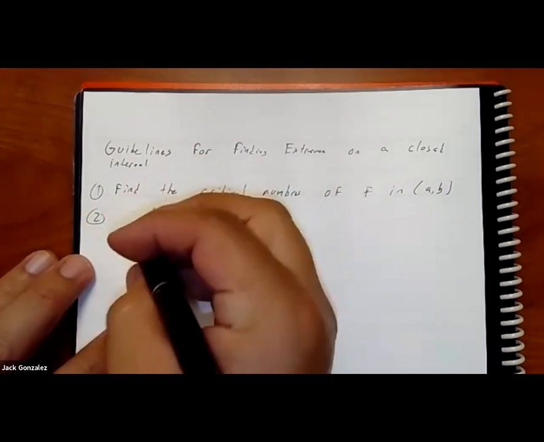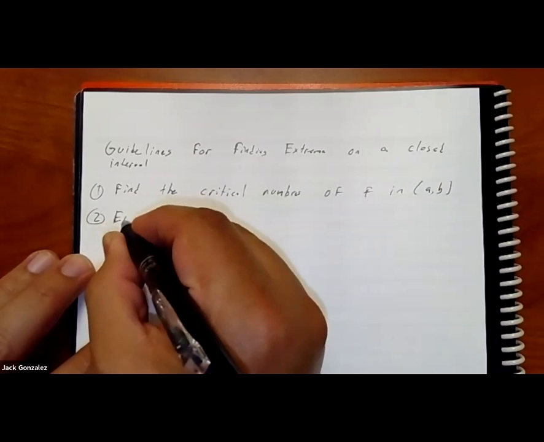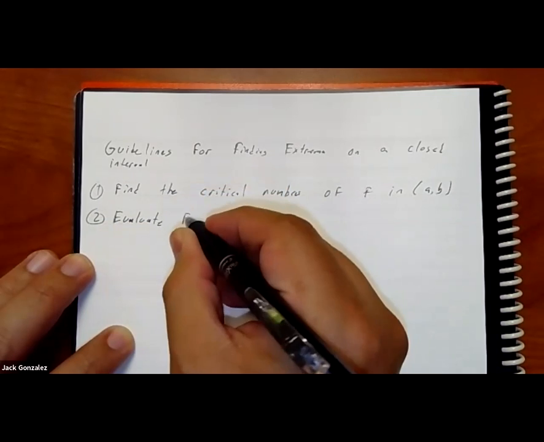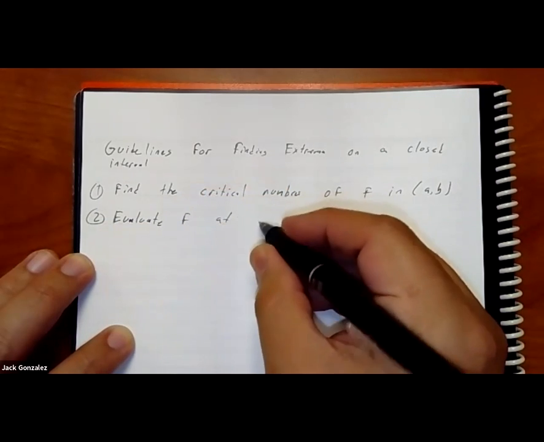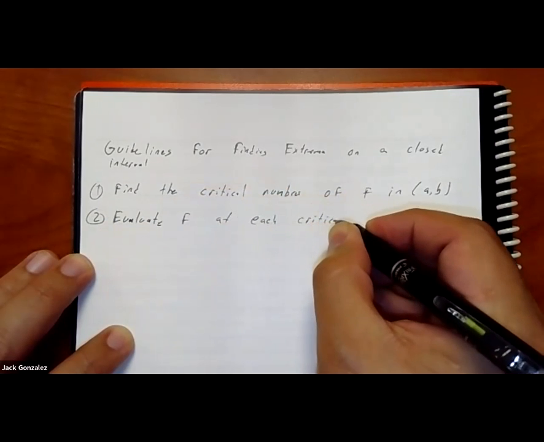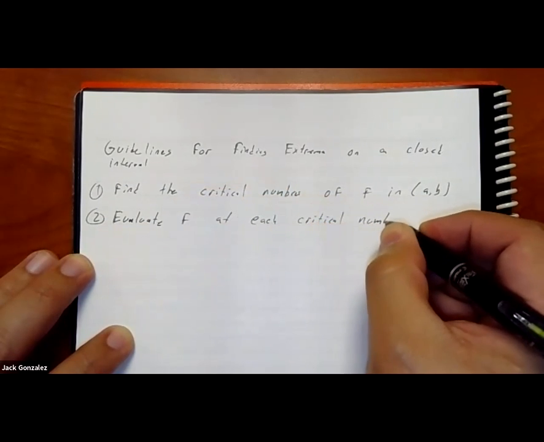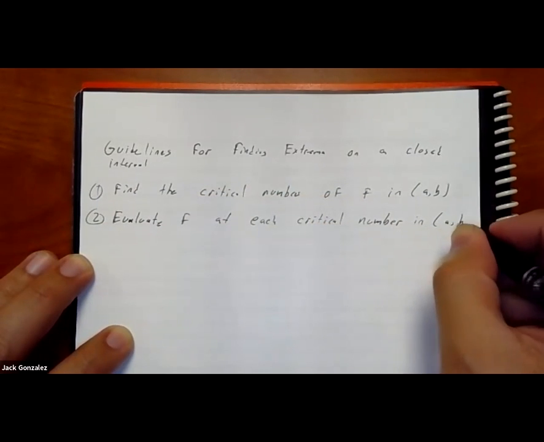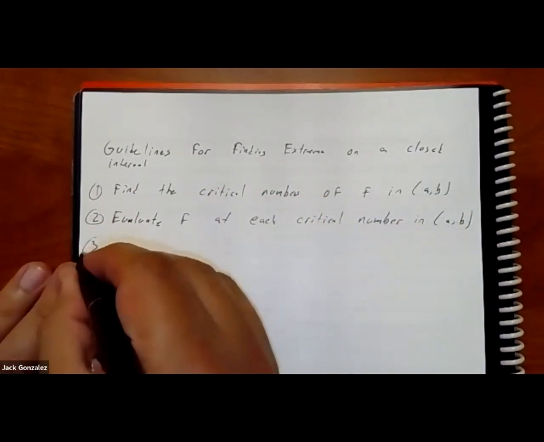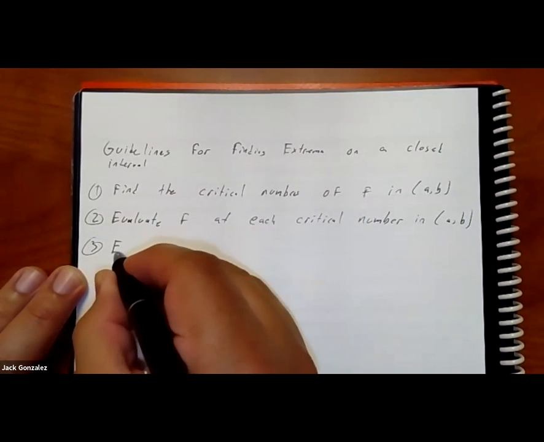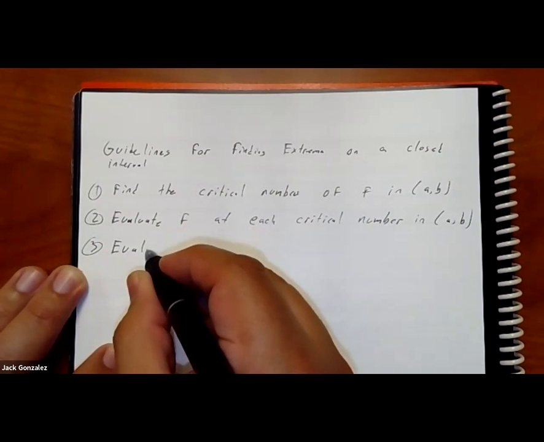Number two, evaluate f at each critical number in (a, b). Number three, then you check the endpoints because sometimes those are max or minimums.